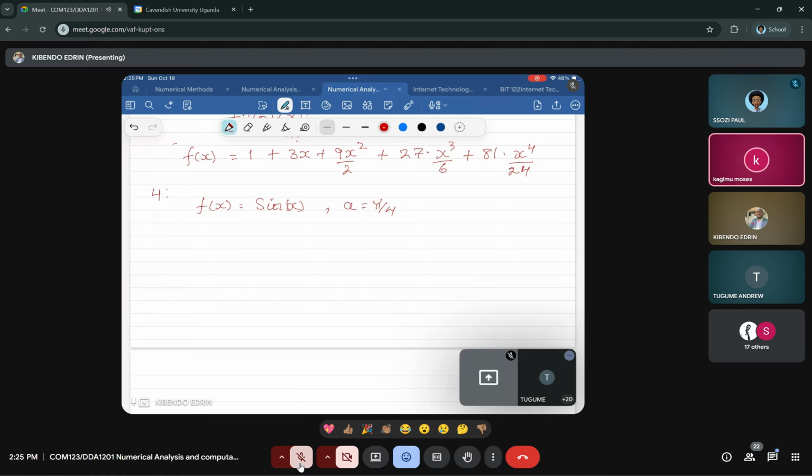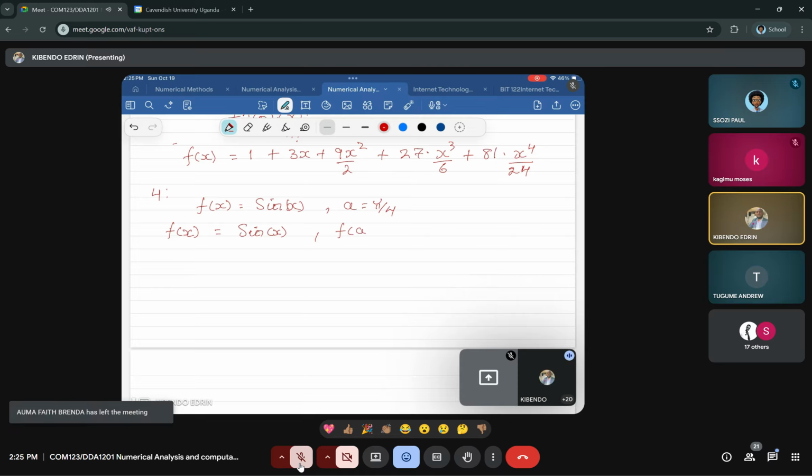Okay. So we can find the terms, the first derivative of f of x is cos x. You're not evaluating the first part. No, we are not evaluating it. Why are you not evaluating it? It is the first derivative.